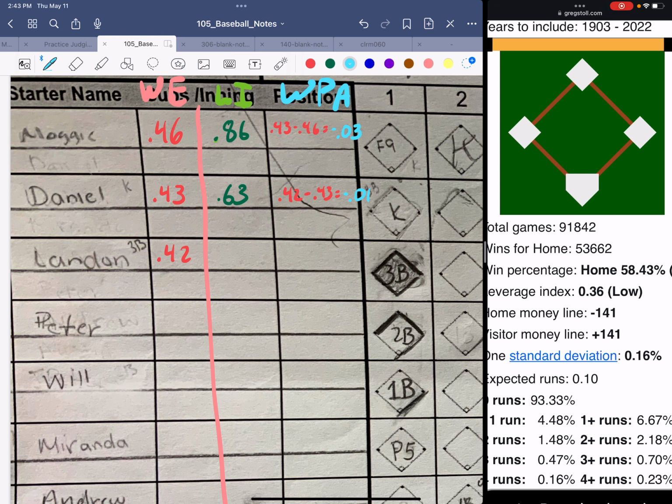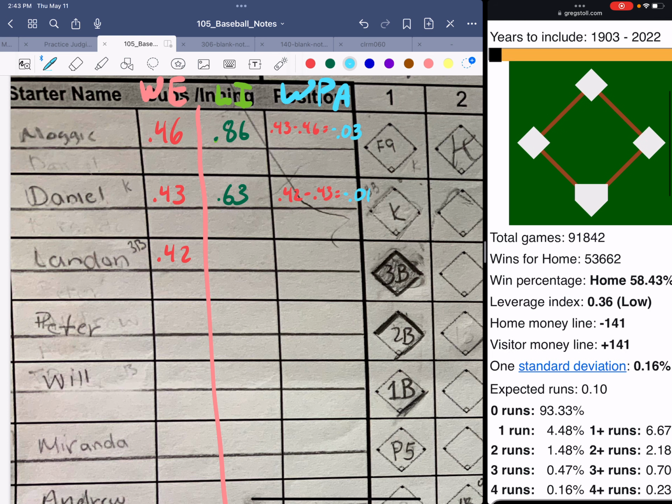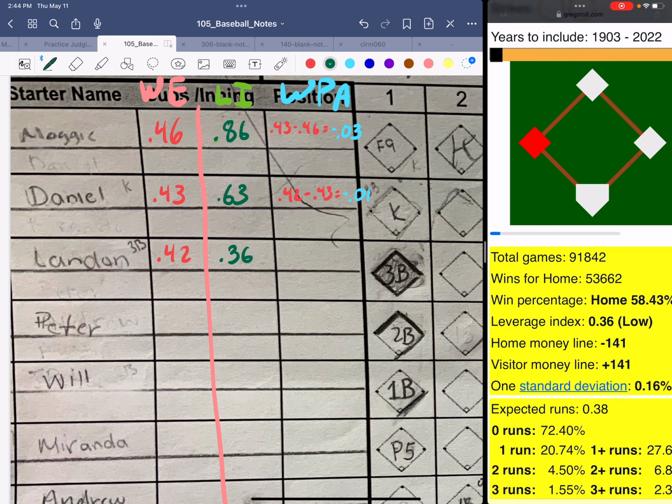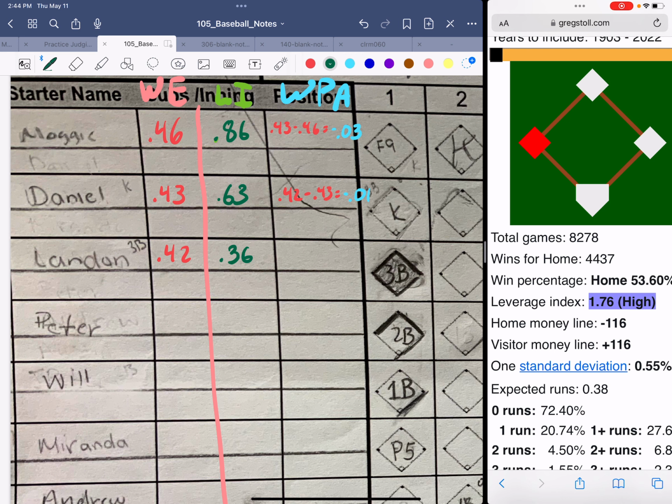Next up, Landon. Landon hit a triple. Before we even get to his triple, we can say, right now, pretty low leverage situation, that 0.36, which shows us right here. Landon hit a triple. So we say, I touched third base. Now there's a guy on third. All of a sudden, whoa, hold on a second.